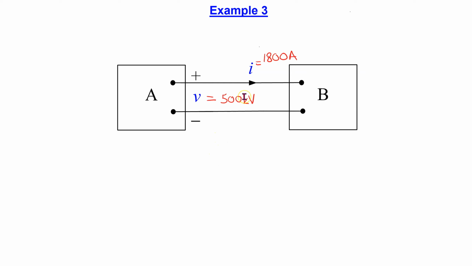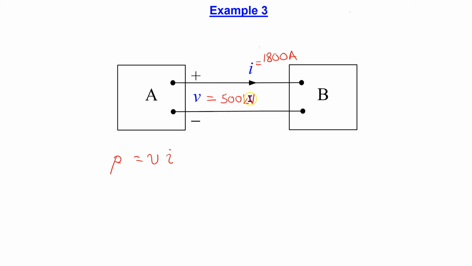Suppose V and I have values as shown. For circuit element A, we can determine the power as power is V times I. We use the passive sign convention to decide the sign of the power formula.